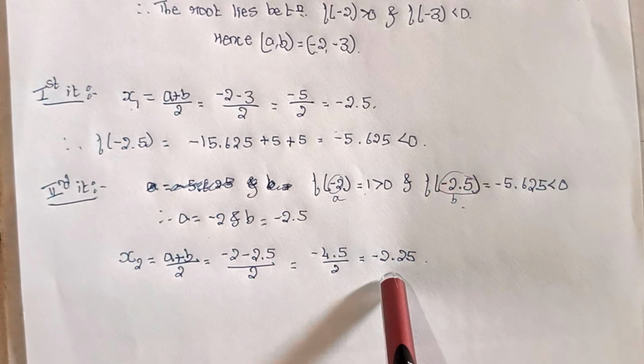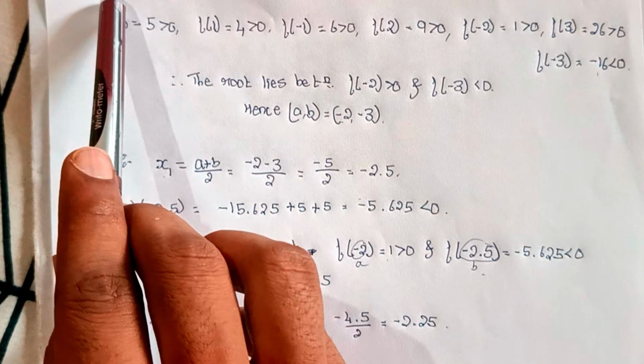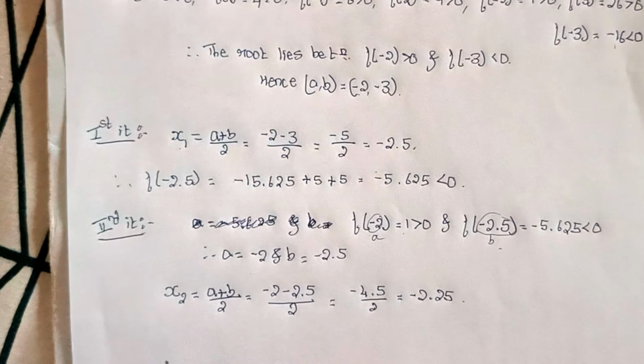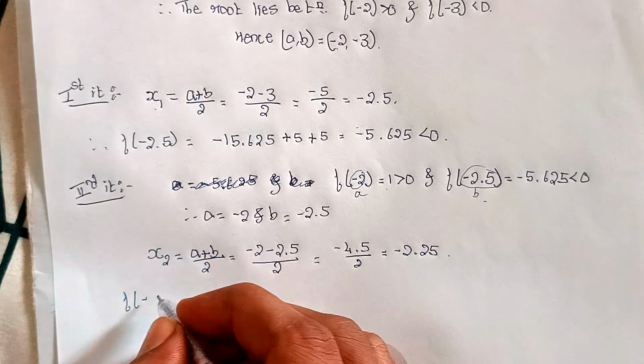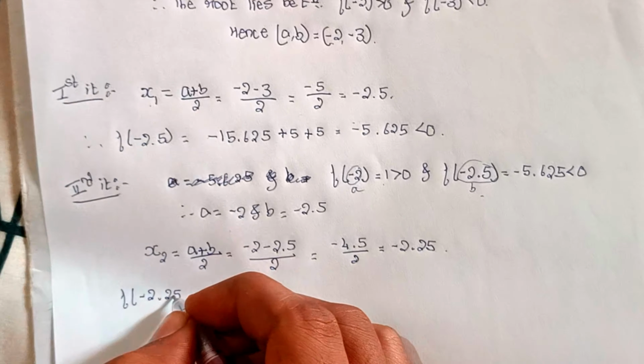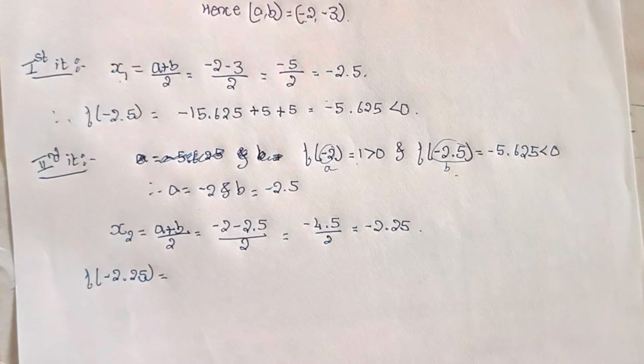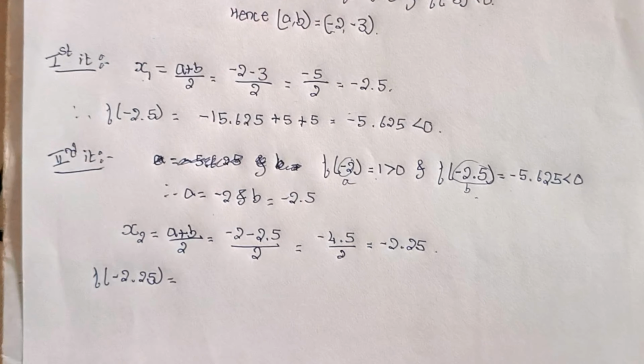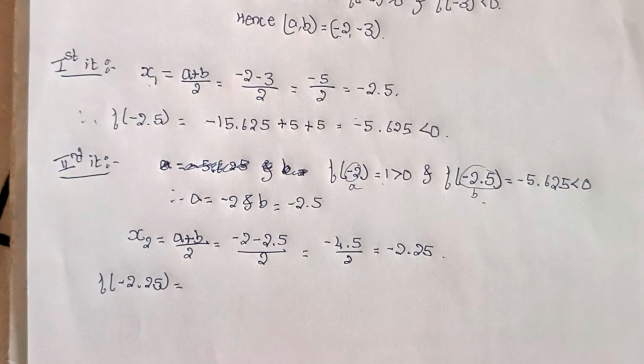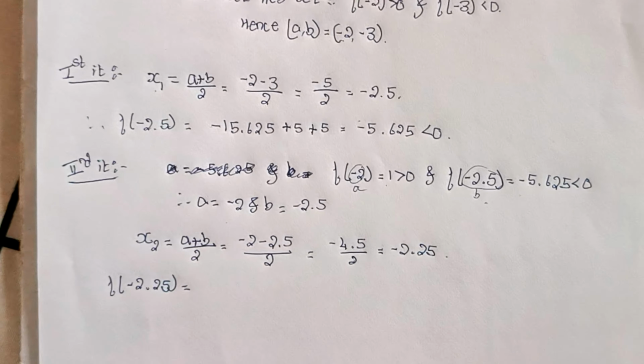Substitute this x2 value in the given function, that is f of x. f of -2.25 is equal to minus 2.25 cube minus 2 into minus 2.25 plus 5.